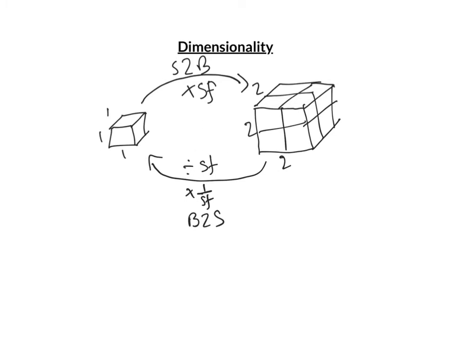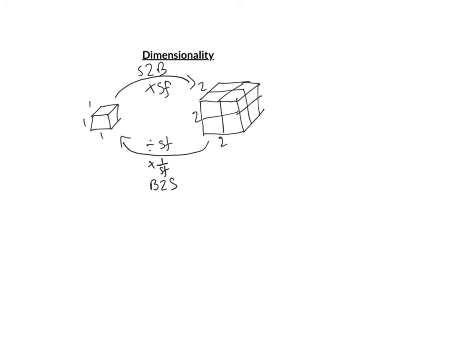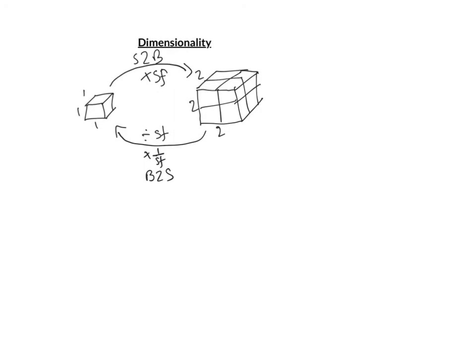Okay, now let's consider how the dimensions are connected. So length, and we'll have small here, and we'll have the big one here. Length, we have 1, and the big one, each of the sides is now 2. Now let's consider area, or in this case, surface area.